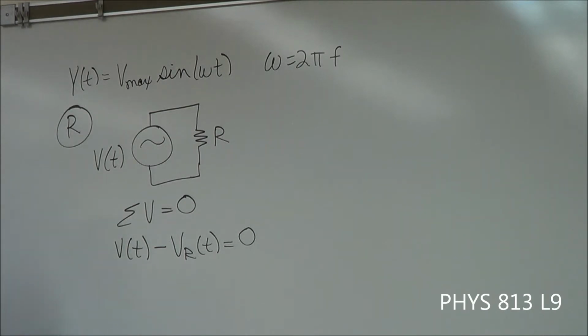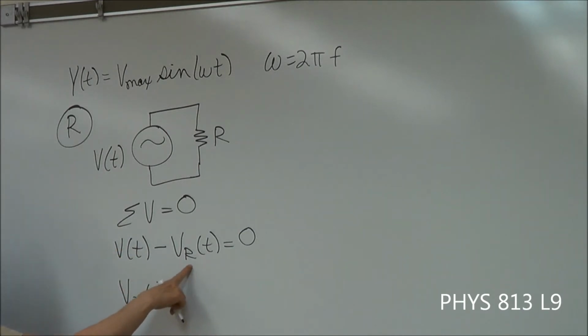But for this one, we want to solve for the voltage across the resistor, because our goal is to write the voltage across the resistor, and then later the voltage across the capacitor, and then the voltage across the inductor in terms of other things.